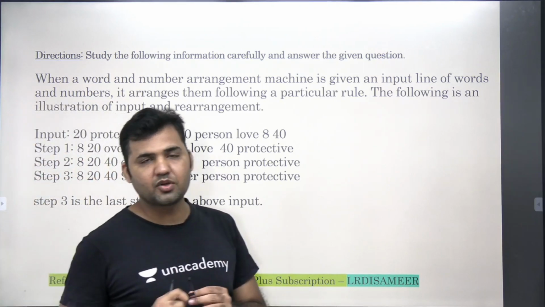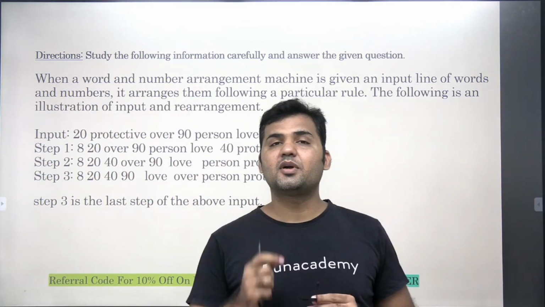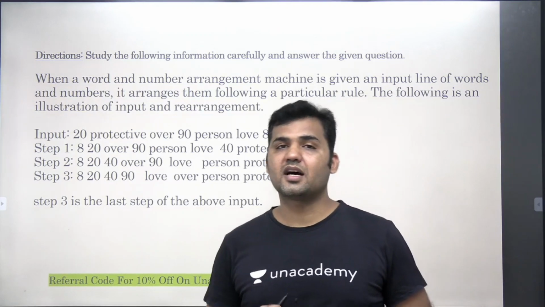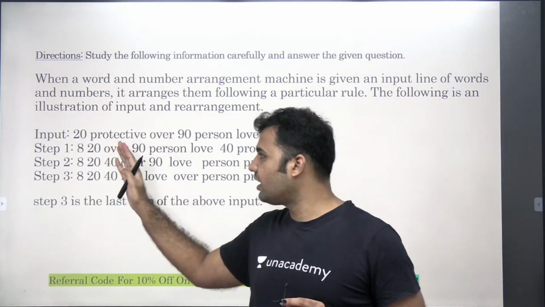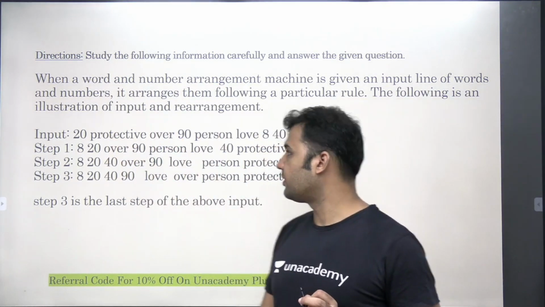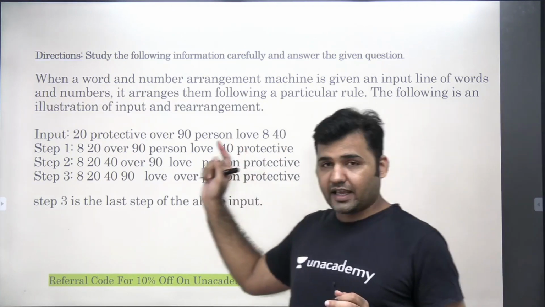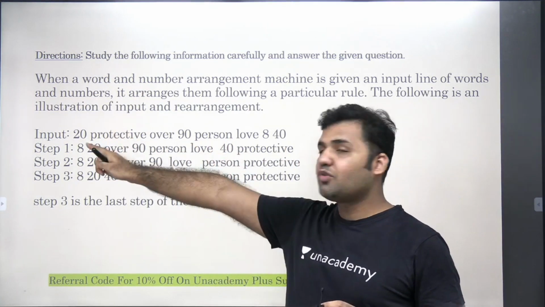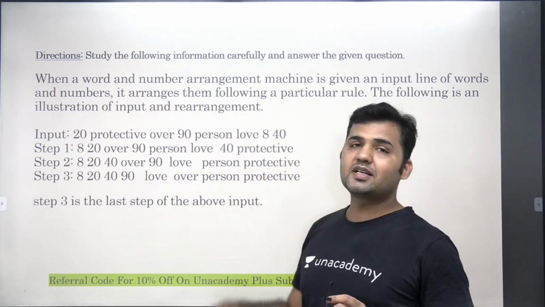So in one step, you get to know the rule is in one particular step, 2 elements are supposed to be moved, one on left and one on right. And again, you can also see the numbers are moving on the left and words are moving on the right.